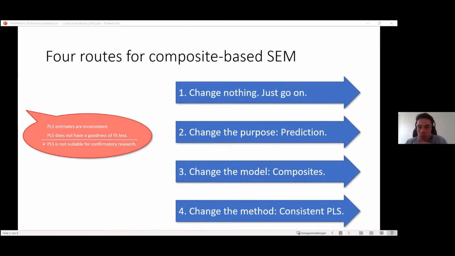So they use more limited information estimators over full information estimators. Following this argumentation, I would say it also applies to the discussion about maximum likelihood versus partial least squares, because PLS is a limited information estimator.